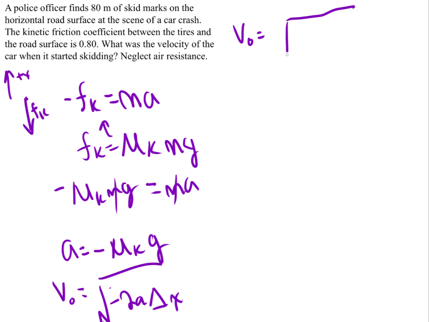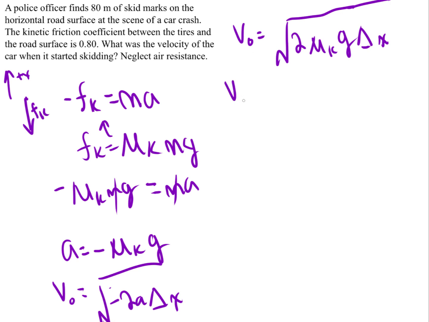It's the square root of 2 times the coefficient of kinetic friction, times g, times the displacement. And that's our final formula for the initial velocity of the car. And the negative is no longer there because it cancels out. So this would solve the problem of having a negative square root.